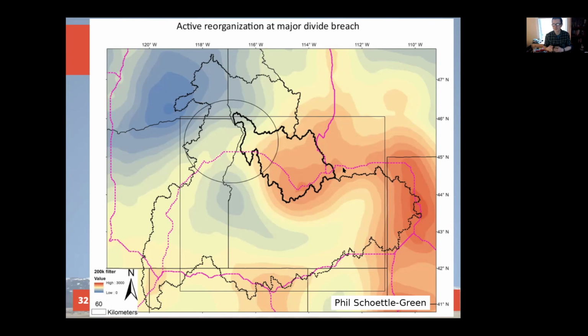But I'm not a surface process person, and I'm a little bit skeptical to put too much weight on believing whether or not this actually represents a transient landscape or if it's just a coincidence. Does that answer your question? Yeah, that answers the question.